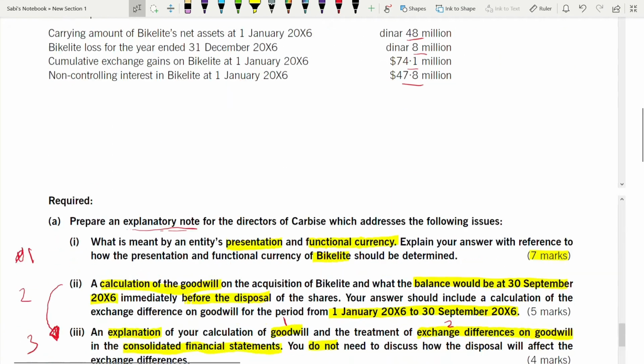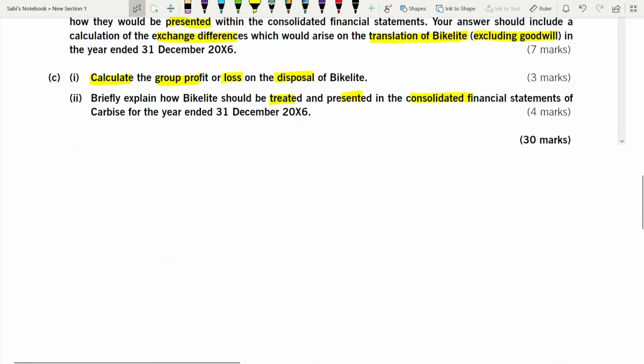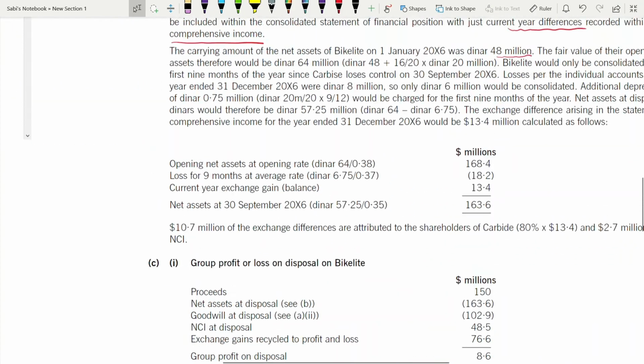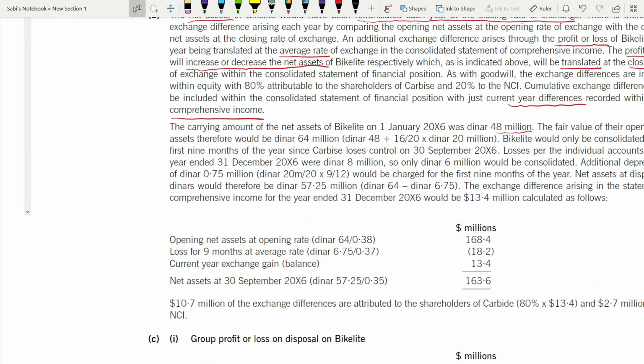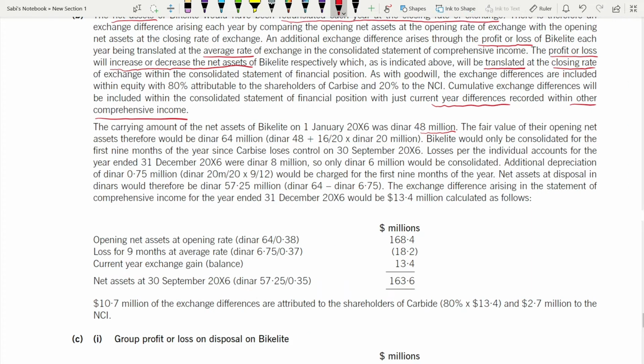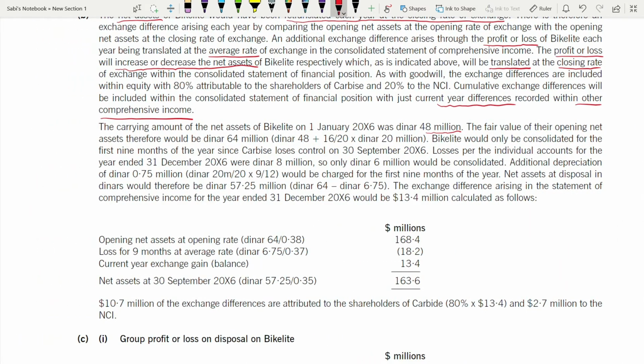So from here, the carrying amount of net assets was 48 million. They have given the fair value of their opening net assets, therefore would be 64 million dinar.